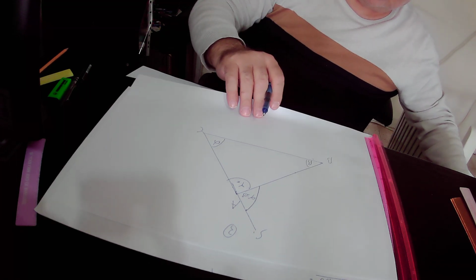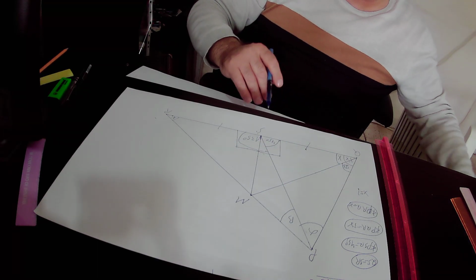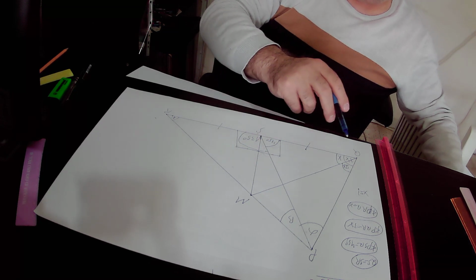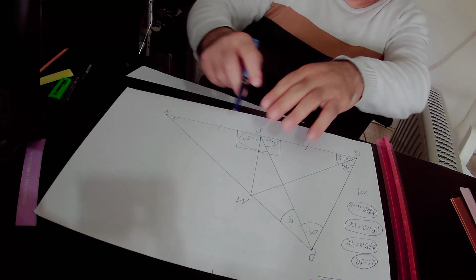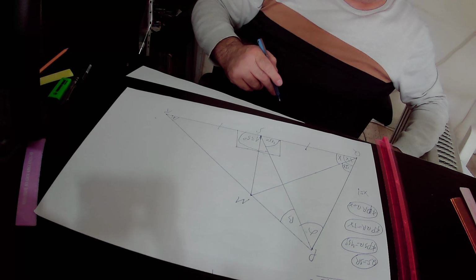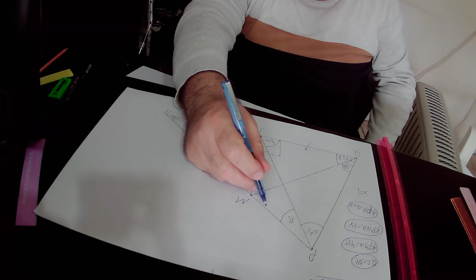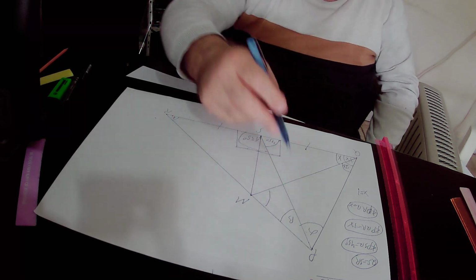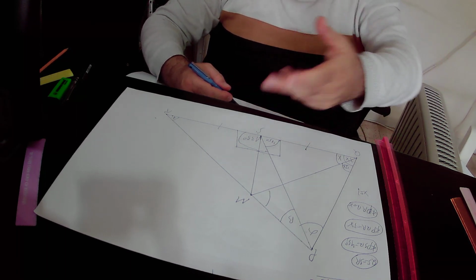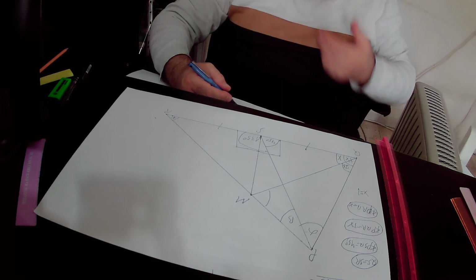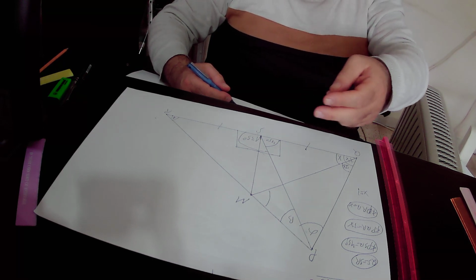Okay? We can implement rule number 4 in our drawing, because in our drawing, if we focus on triangle QMR, the isosceles triangle, and this angle, angle QMP, is an exterior angle of the isosceles triangle QMR, and according to rule number 4, it equals the sum of the angles inside the triangle that are not adjacent to it.